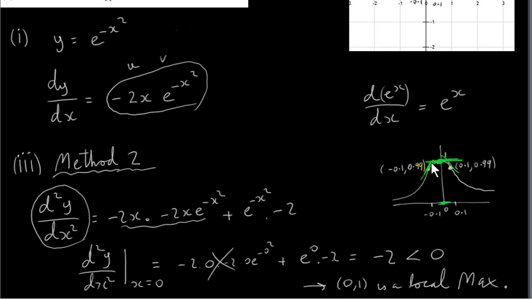See, this tangent here is a positive slope, then the slope is 0, then the slope is negative. So the rate of change of the slopes of tangents is negative, but the rate of change of slopes of tangents is exactly this here. If this value is positive, then we would have a local minimum.